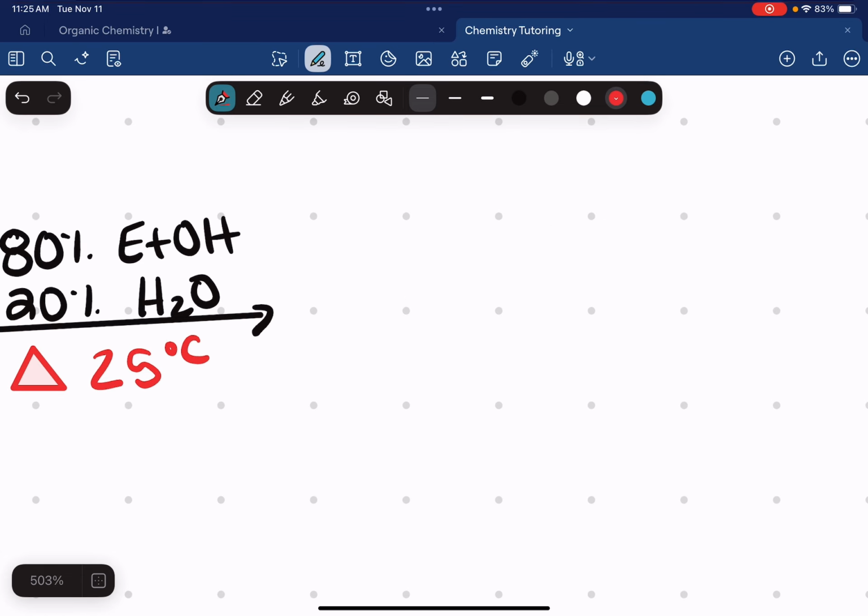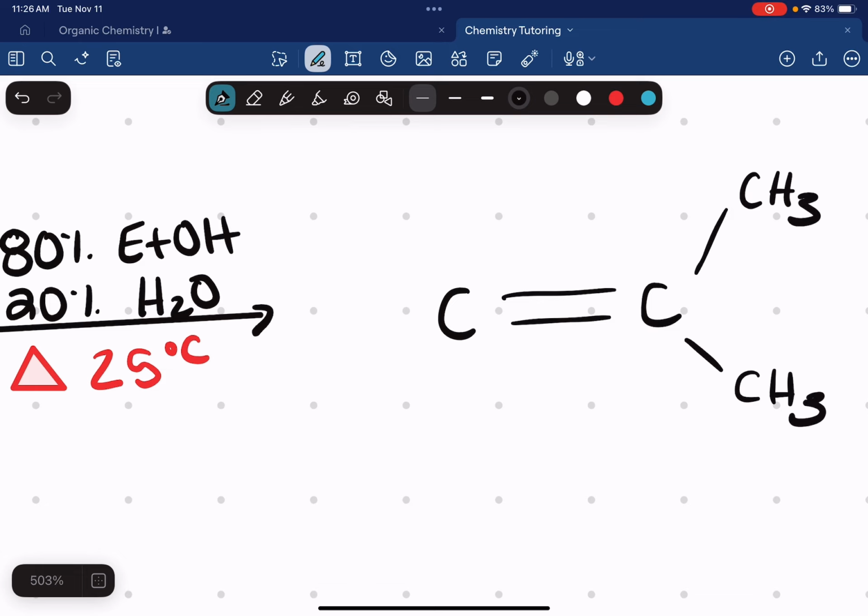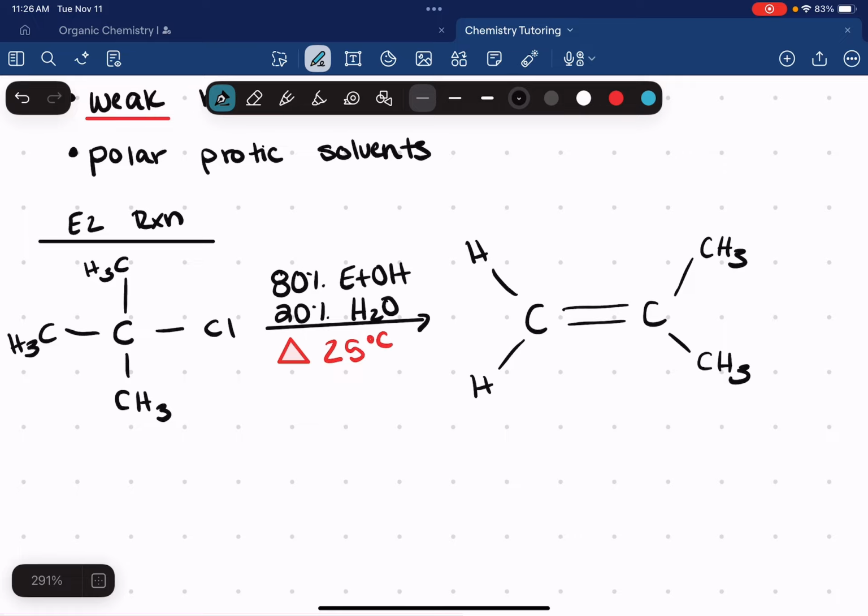And this is just an old example I have from my notes. And then you're going to end up with carbon, double bonded to carbon. This has a CH3, CH3, H, H.